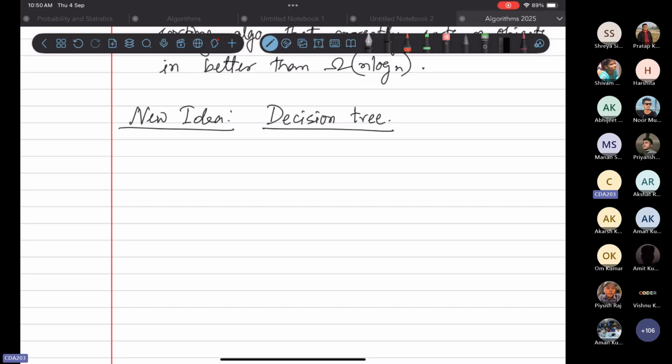As the name suggests, this could be some kind of a tree. I hope you're familiar with the tree. Trees have nodes, some are internal nodes.